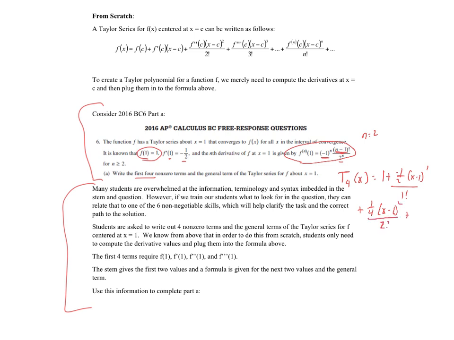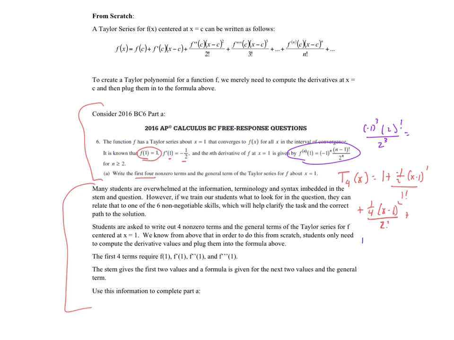And then I would go to the next one. I'm just using this structure here to go to my next one. Okay, so now if n is 3, now I've got negative 1 to the third. Now I've got 3 minus 1 factorial, so I've got 2 factorial over 2 cubed. And I don't know, maybe some people want to simplify that. Maybe you don't. That's really up to you.